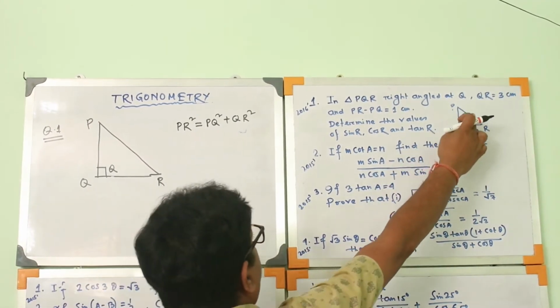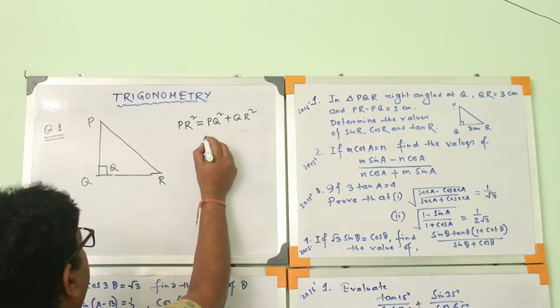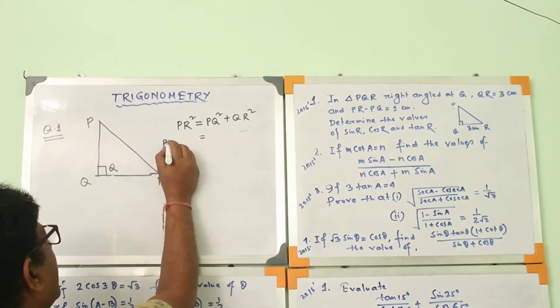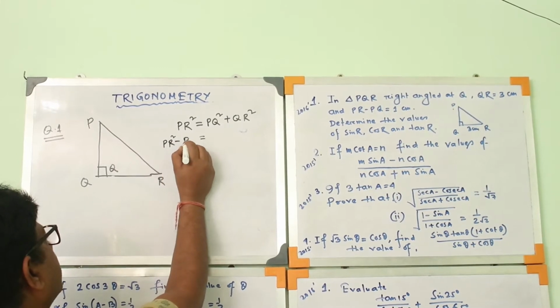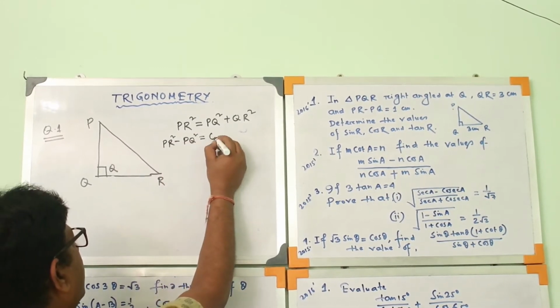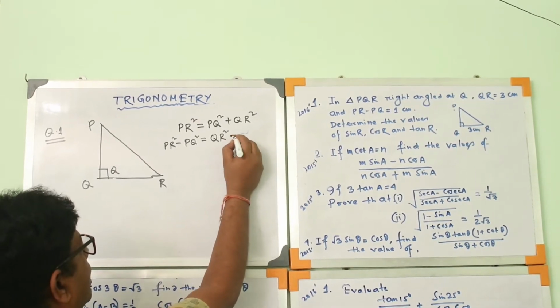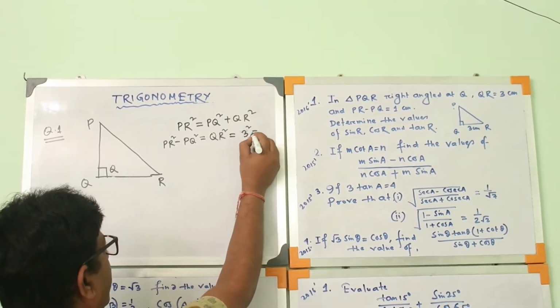The value of QR is given as 3 centimeters. So we can write PR square minus PQ square is equal to QR square. QR is 3 centimeters, so 3 square, that is 9.